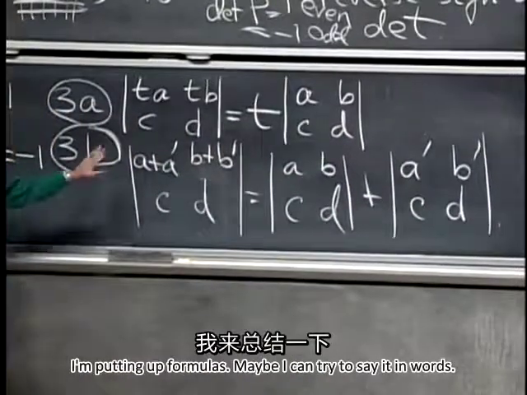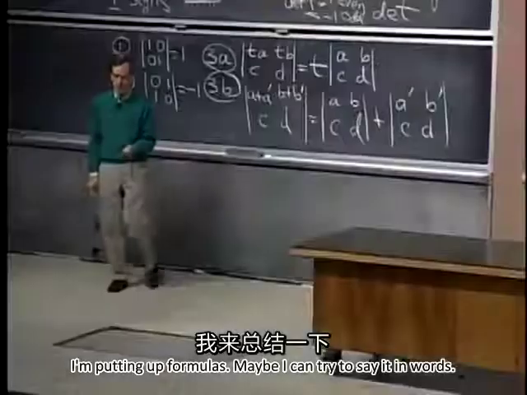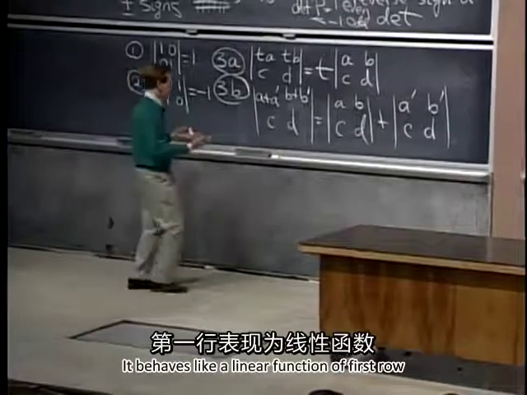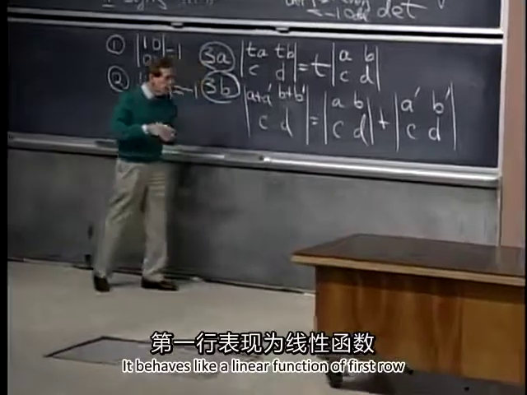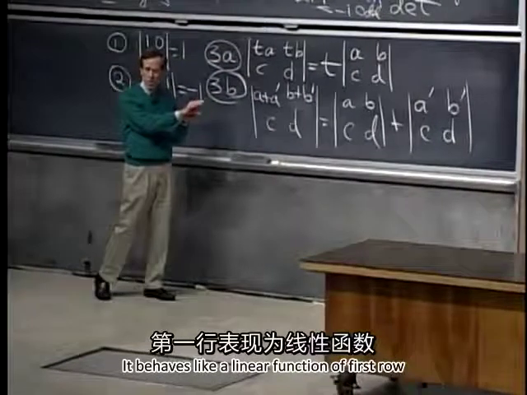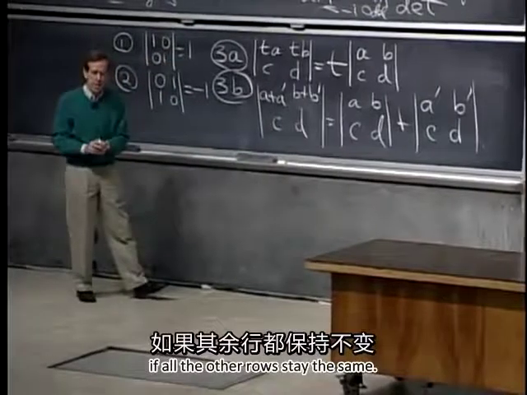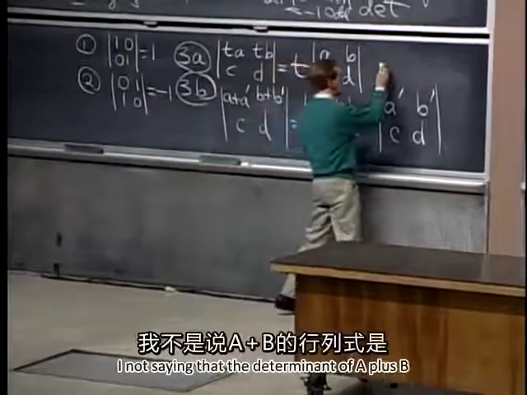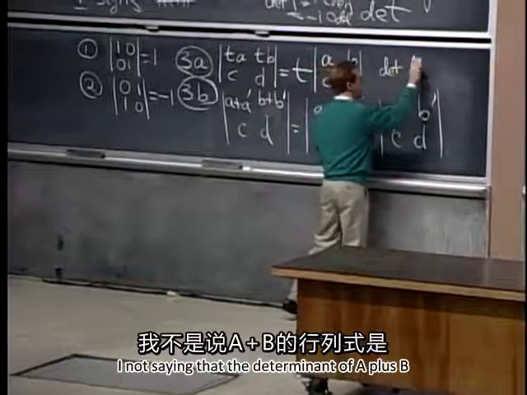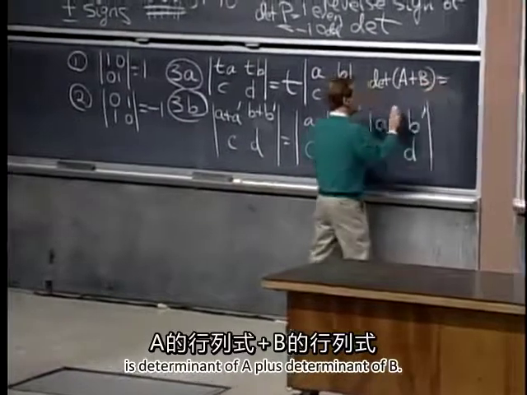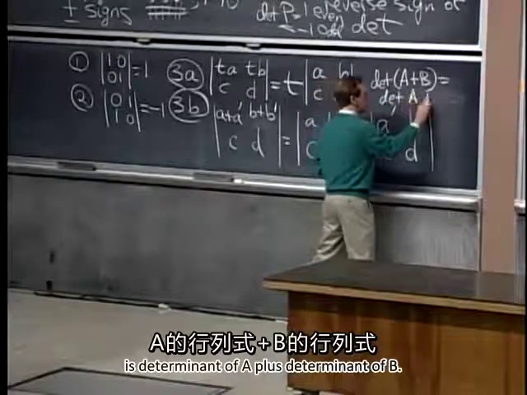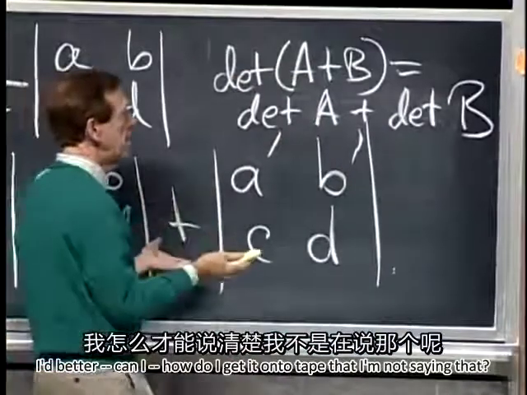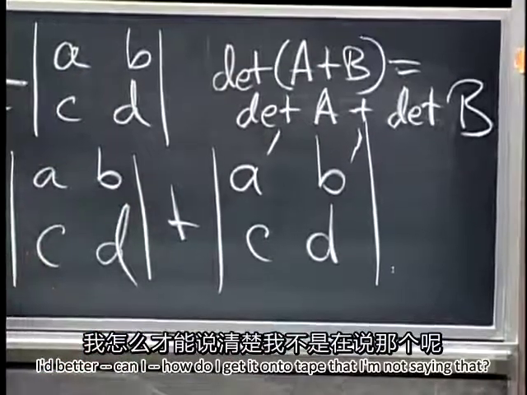If I'm putting up formulas, maybe I can try to say it in words. The determinant is a linear function. It behaves like a linear function of the first row if all the other rows stay the same. Let me emphasize, I am not saying that the determinant of A plus B is determinant of A plus determinant of B. I am not saying that.